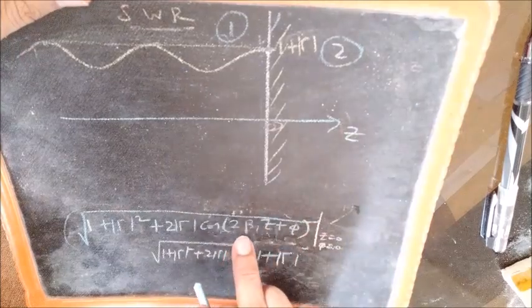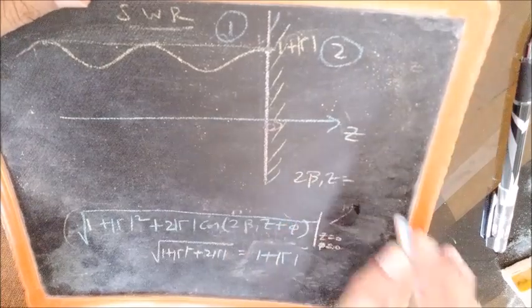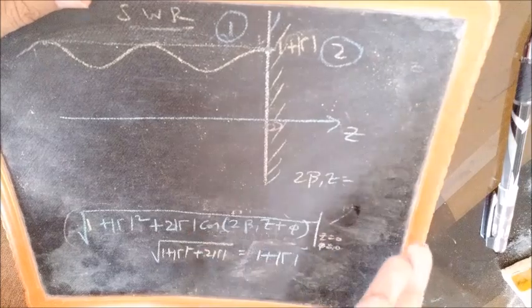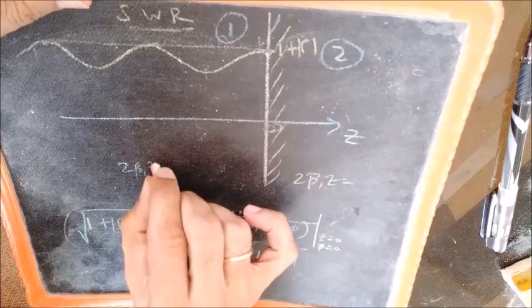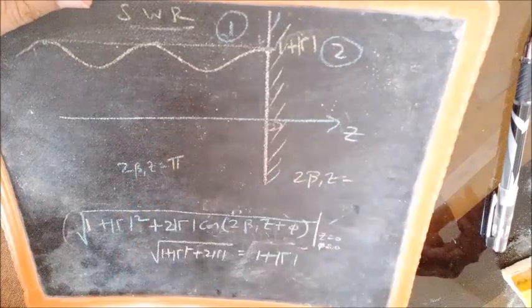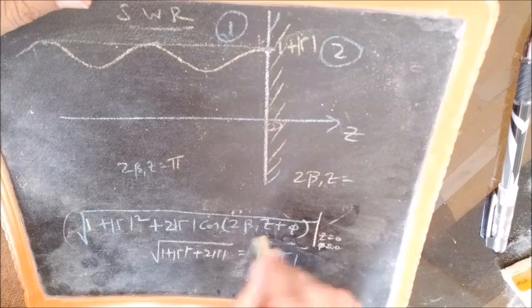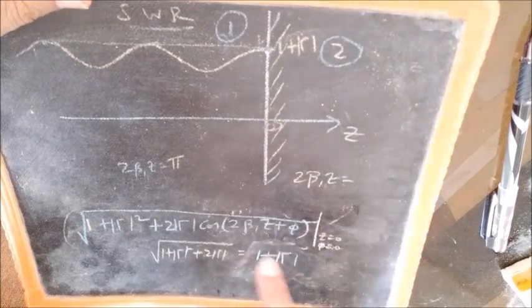The minimum occurs when 2 beta 1 z is such that cos 2 beta 1 z becomes negative. So one possible value is when 2 beta 1 z is equal to pi. When 2 beta 1 z is pi, cos 2 beta 1 z becomes cos pi, which is minus 1.